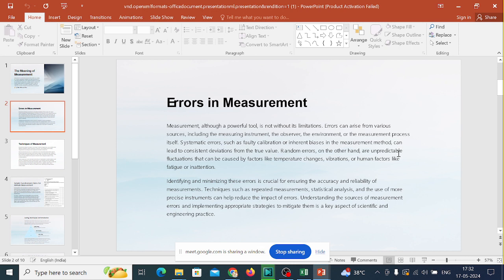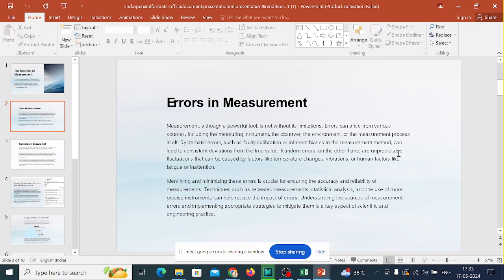You can minimize the errors that happen at the time of measurement, but you cannot erase completely the errors that happen during the measurement of any good. That cannot be possible. Yes, you can minimize.